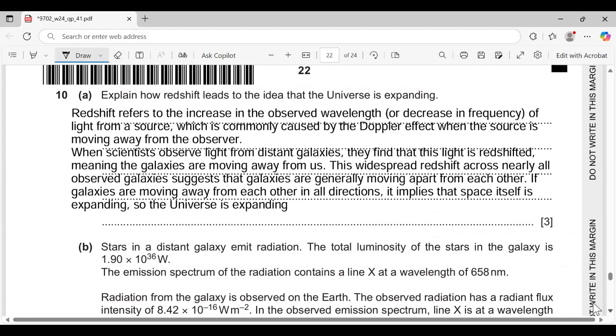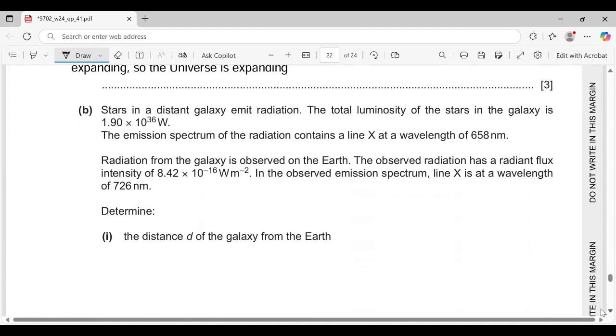Next question. Stars in a distant galaxy emit radiation. The total luminosity of the stars in the galaxy is 1.90 times 10 power 36 W. The emission spectrum of the radiation contains a line X at a wavelength of 658 nm. Radiation from the galaxy is observed on the Earth.